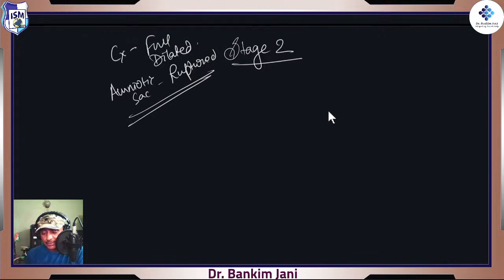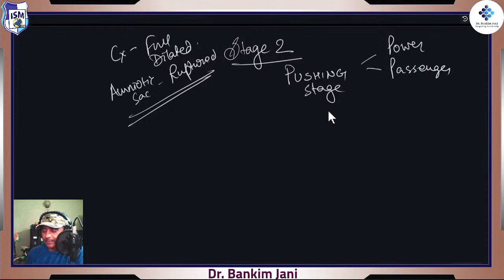Now this stage is also called the pushing stage, because this is the stage when the power, the passenger, and the passage or the path are all actively involved, right?